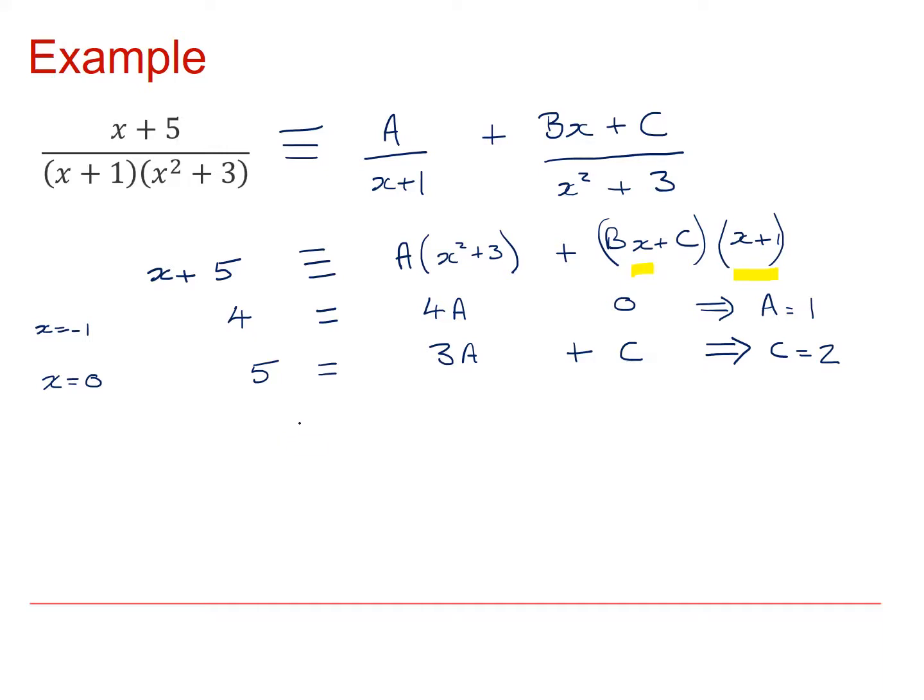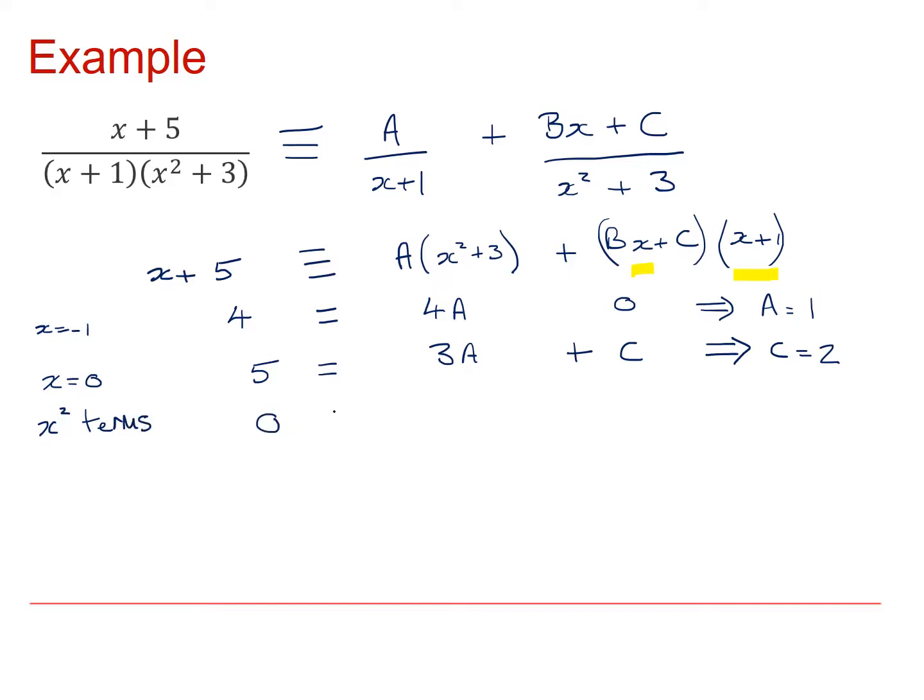Now, how do we establish b? Well, I've no values of x left that I can zero something out with. x squared plus 3 doesn't have a real value for x to make that 0. So I'm going to have to look at coefficients. And in these cases, it's usually simplest to start with the highest power. So I'm going to look at x squared terms.